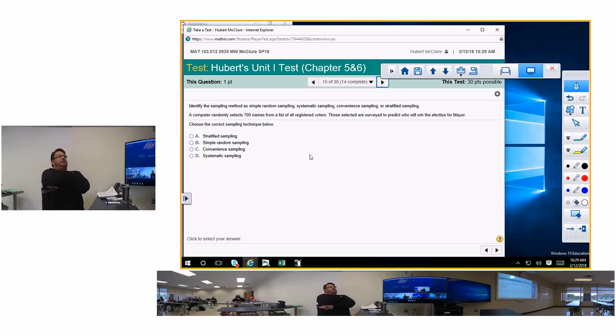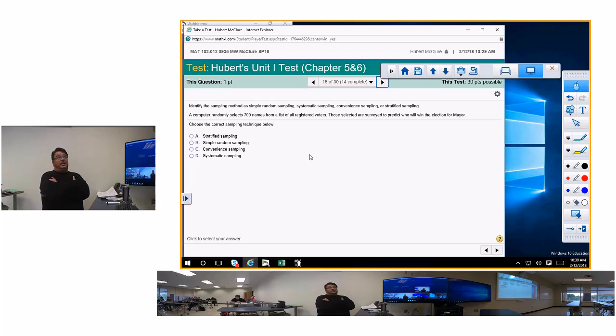Identify the sampling method as simple random sample, systematic sampling, convenient sampling, or stratified. A computer randomly selects 700 names from a list of registered voters. Those selected are surveyed to predict the election. What is that? Select 700 names of all registered voters.